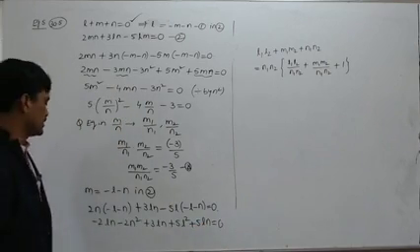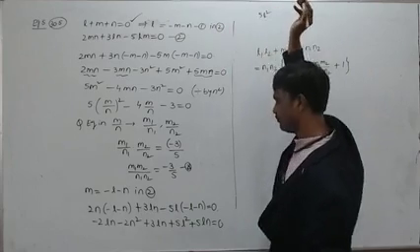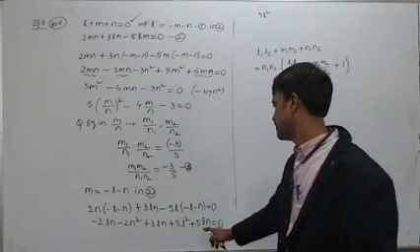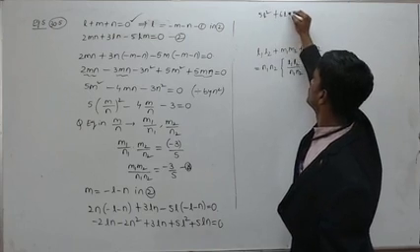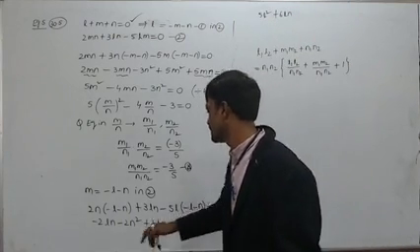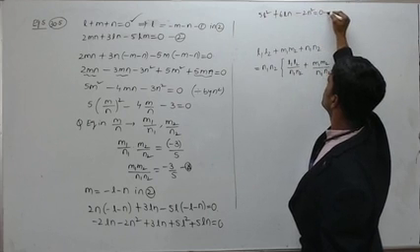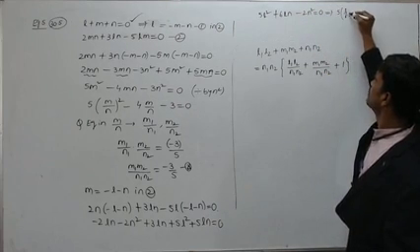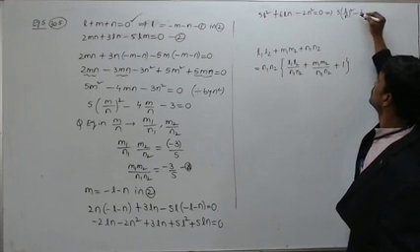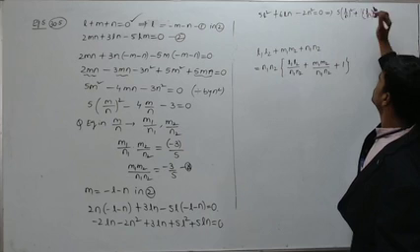So that equation can also be written as 5l square, and 5 plus 3 is 8, 8 minus 2 is 6, plus 6ln, minus 2n square. Now divide this equation by n square. Then what you'll get: 5 into l by n whole square, plus 6 into l by n, minus 2 is equal to 0.